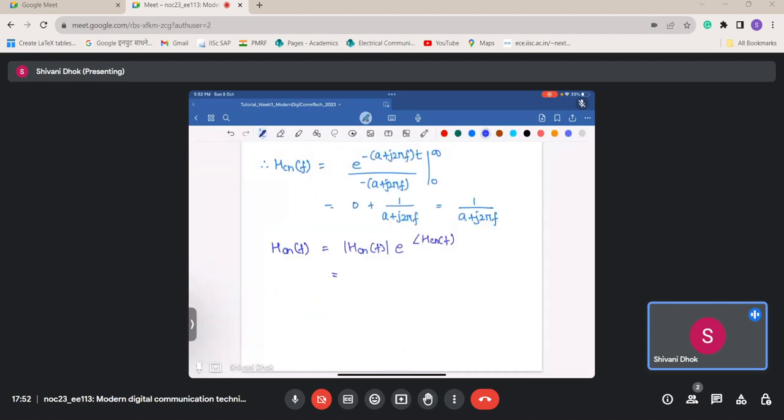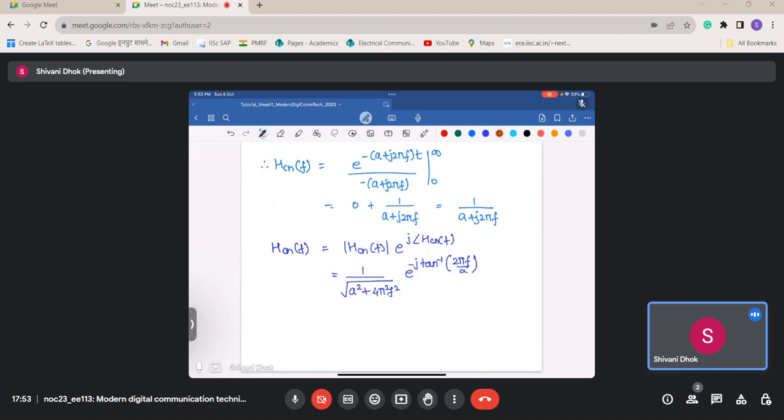So the magnitude of this quantity will be 1 upon the square root of a² plus 4π²f², and e^(-j tan⁻¹(2πf/a)). We'll have a minus sign here because it is in the denominator.